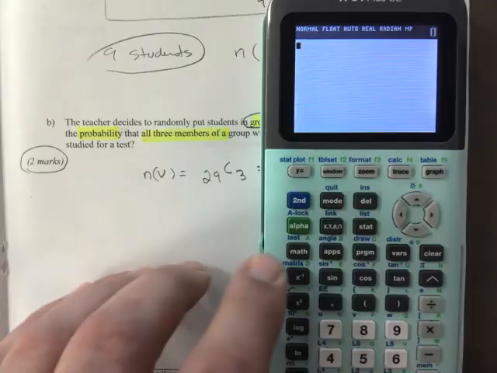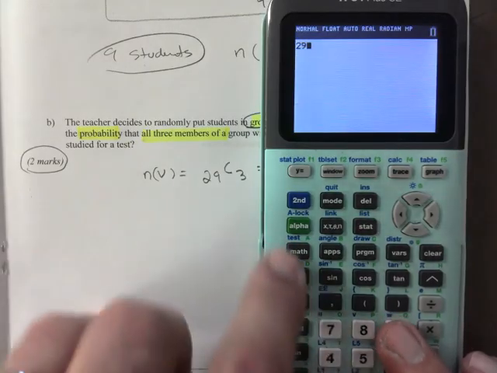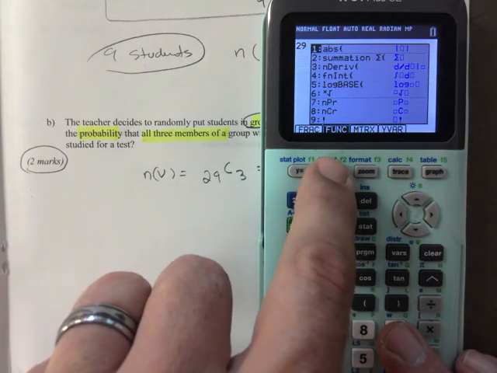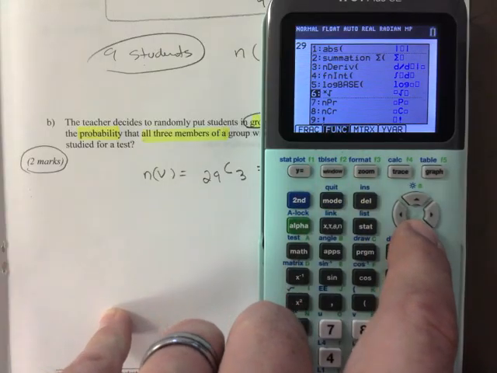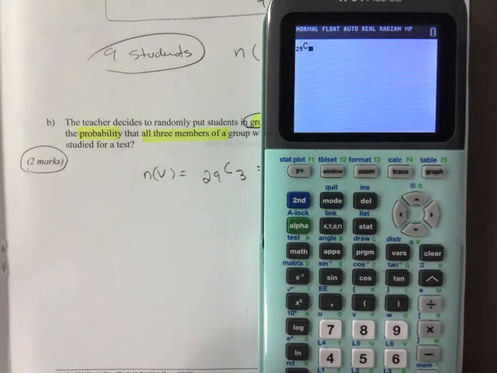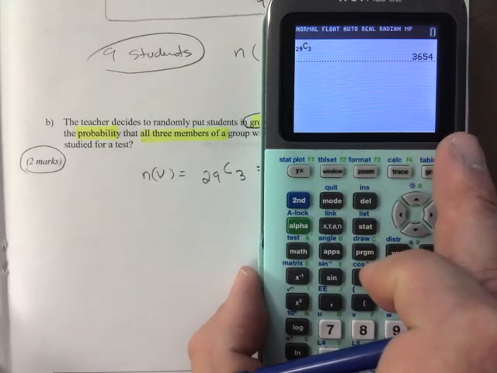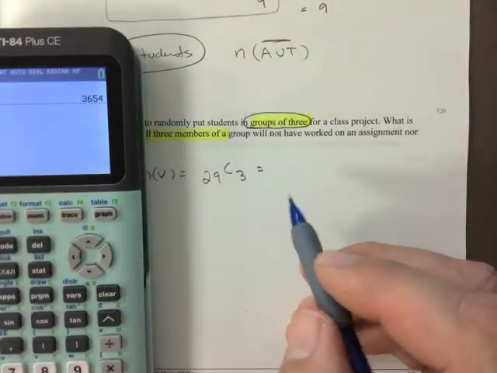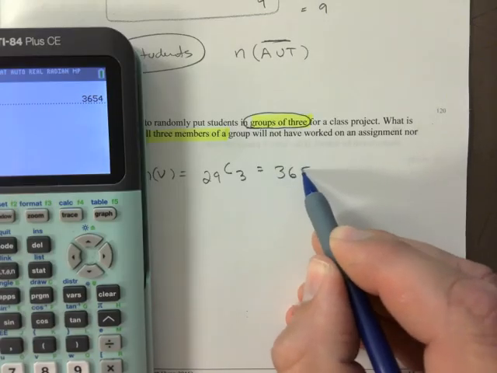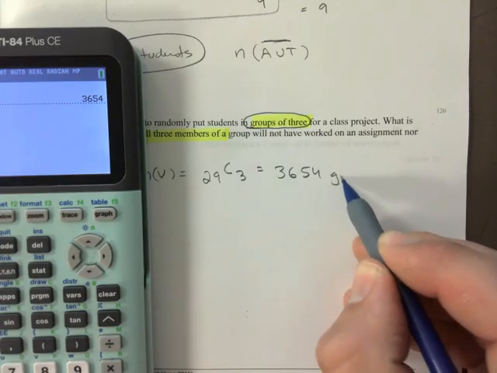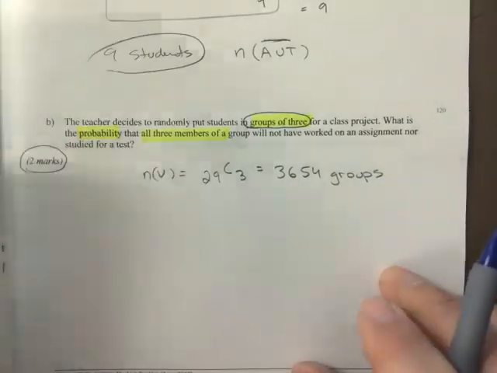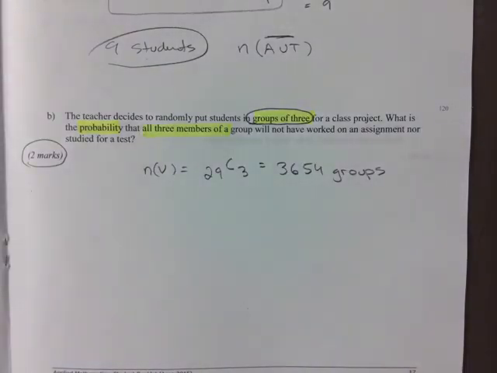Please don't forget that. You got to go 29 alpha window, and then just go to combinations. So 29 C 3, that's 3,654 groups. If you get the n(U), you get 1 mark. Okay, so it's important to get your n(U).